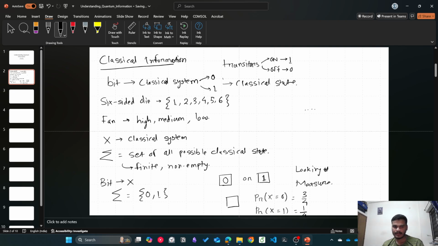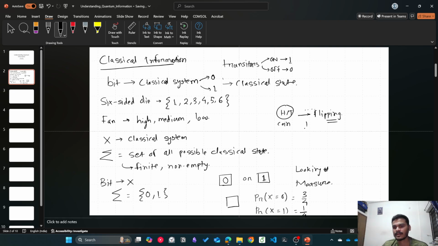So what does it mean? That we are assigning some probability. As we are not sure about the state of the bit, we are giving some probability to them. This is the probability that the bit is in 0 state and this is the probability that the bit is in 1 state. For example, let's say you have a coin and we are flipping it and not seeing it till we make the prediction. So what is the probability of the coin being head or tail?